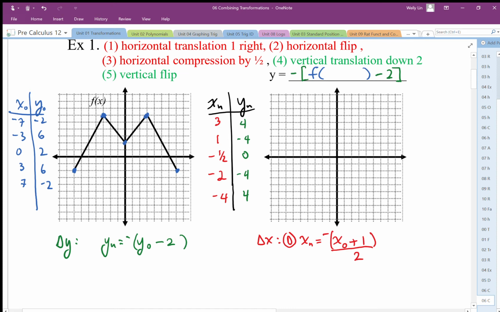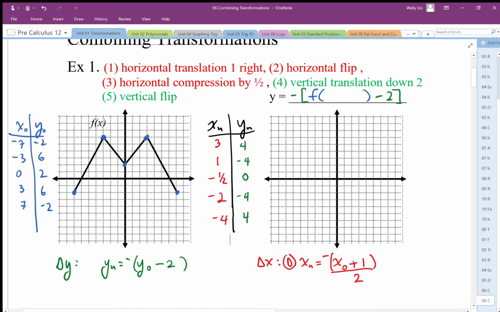So when I actually draw my graph, again, nothing's done backwards yet, because all this is consistent with each other. When I draw this new graph, my new coordinates are going to be at 3, 4 up, 1, -4 down, -1/2, 0, which happens to be my middle point, -2, -4, -4, +4, it's right there.